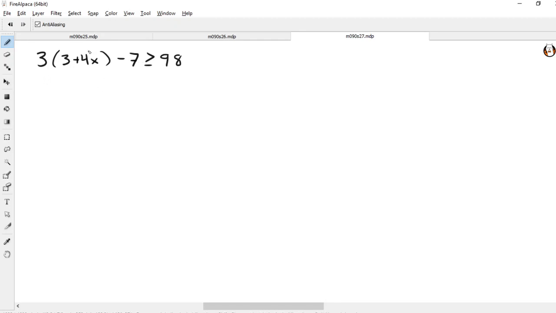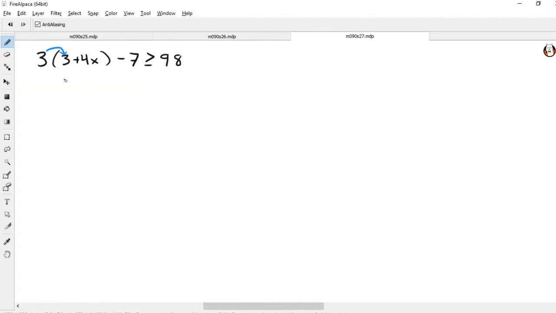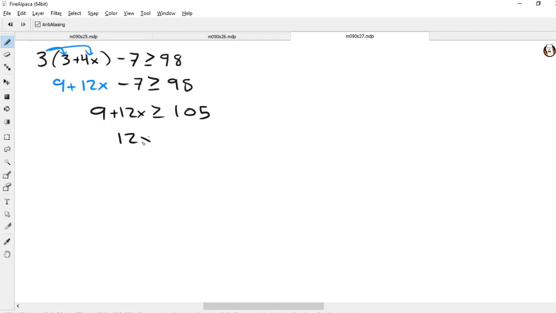Now we don't have to distribute this to solve it, but I know students like to distribute, so let's go ahead and distribute: 9 plus 12x, and then that's going to be minus 7 is greater than or equal to 98. 9 plus 12x is greater than or equal to 105. 12x is greater than or equal to 105 minus 9, so we've got to figure out what 96 divided by 12 is.